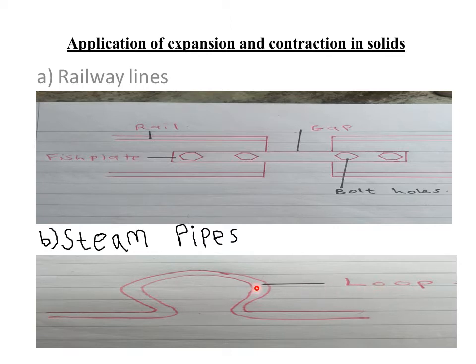Or in industries where steam is being passed from one point to another, the pipes will always be fitted with loops or expansion joints in this manner. So the purpose is to allow room for expansion, because the force of expansion and contraction could cause the pipes to break if they don't have the expansion loops or joints.